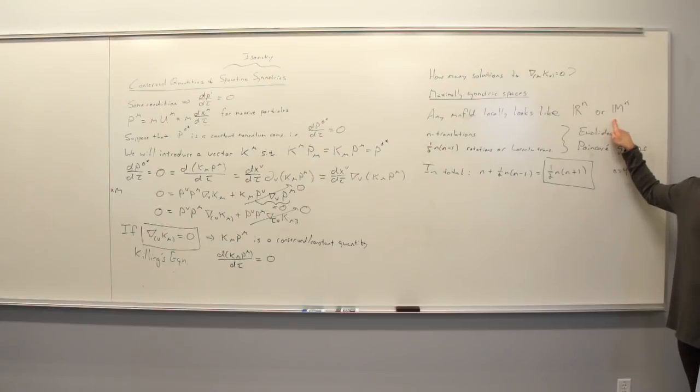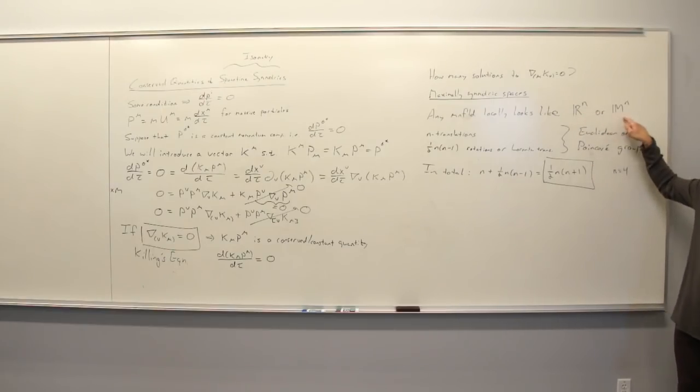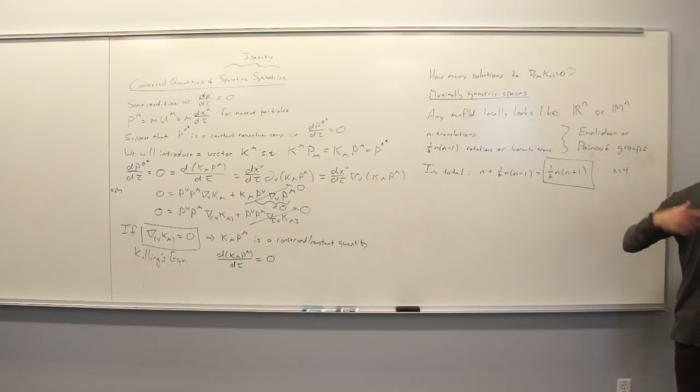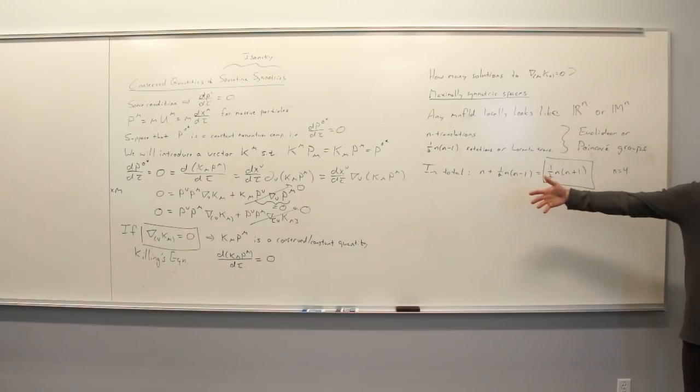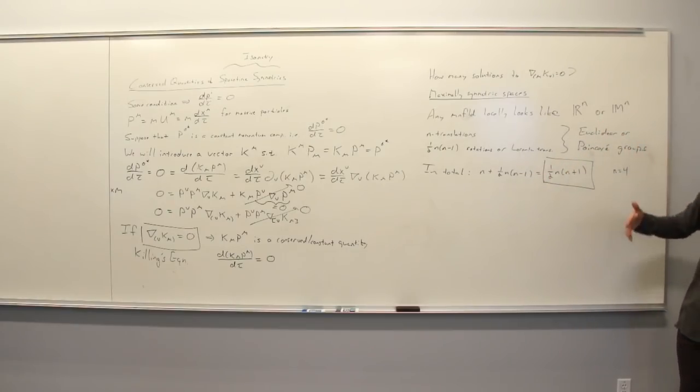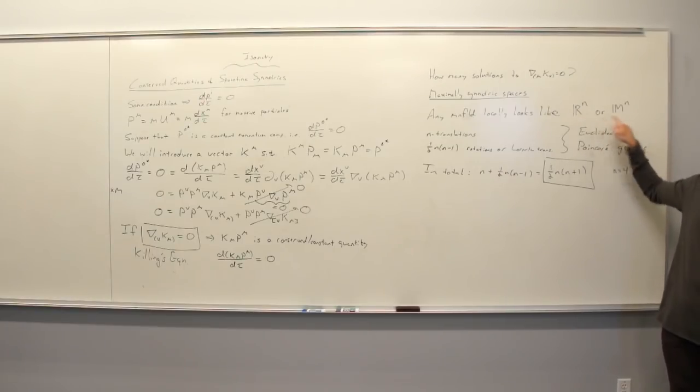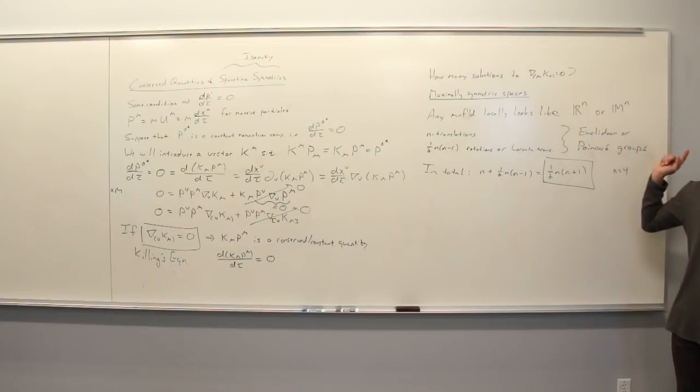First of all, if the space you're dealing with is Rn or Mn, it is maximally symmetric because the local symmetries look just like the symmetries for the whole space. But what I'm going to argue to you is that you can have spaces which have as much symmetry as these, but are not these.